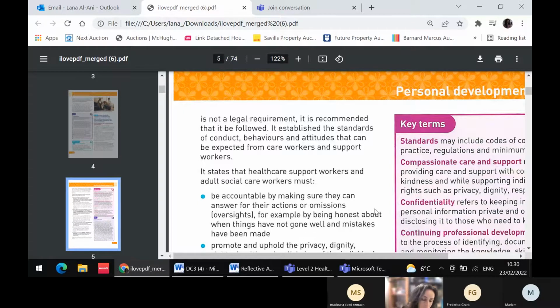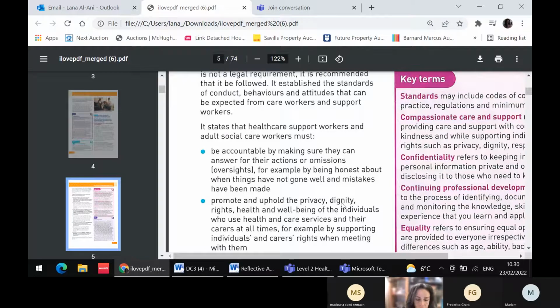What does it mean? It means be accountable by making sure they can answer for their actions. So for us, we need to always be accountable for our own work. Whatever we do, we need to have answers for our actions. Like if someone says, why did you do this?